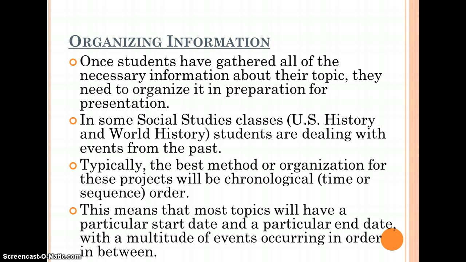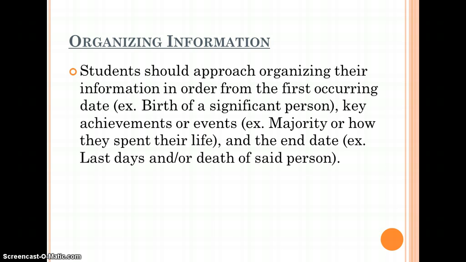And then once you have a particular start date and an end date, there's going to be a lot of events that happen in between, and that's going to be kind of the meat and potatoes of your project. You want to look at, again, the first date that you come across.